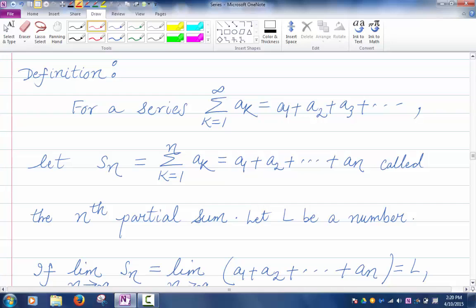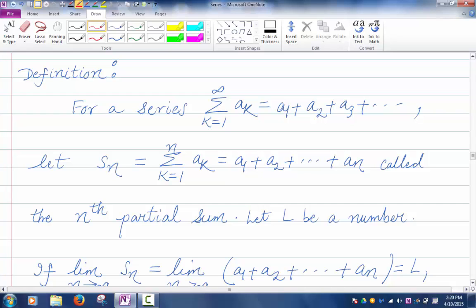Given a series, summation k going from 1 to infinity of a_k, which is a1 plus a2 plus a3 and so on, let Sn be given by a1 plus a2 plus up to an. In abbreviation, that's the summation k going from 1 to n of a_k. And this is called the nth partial sum of the series.